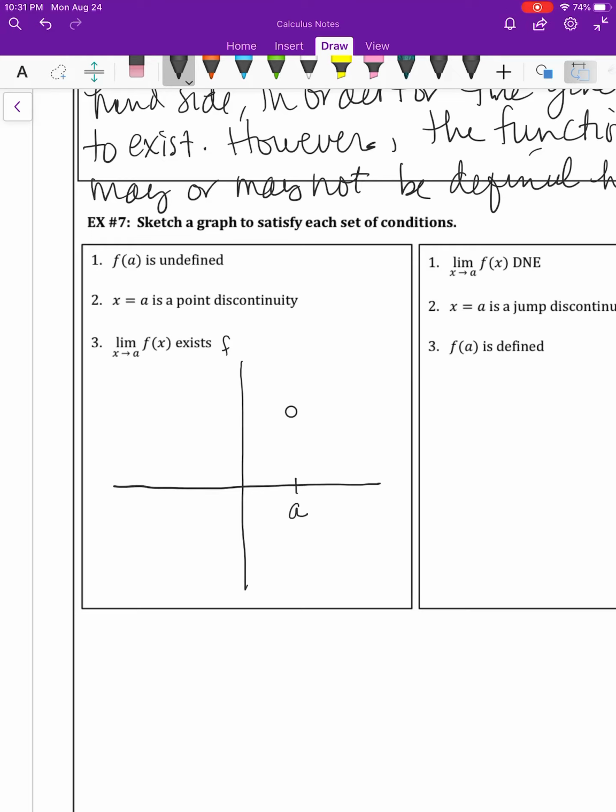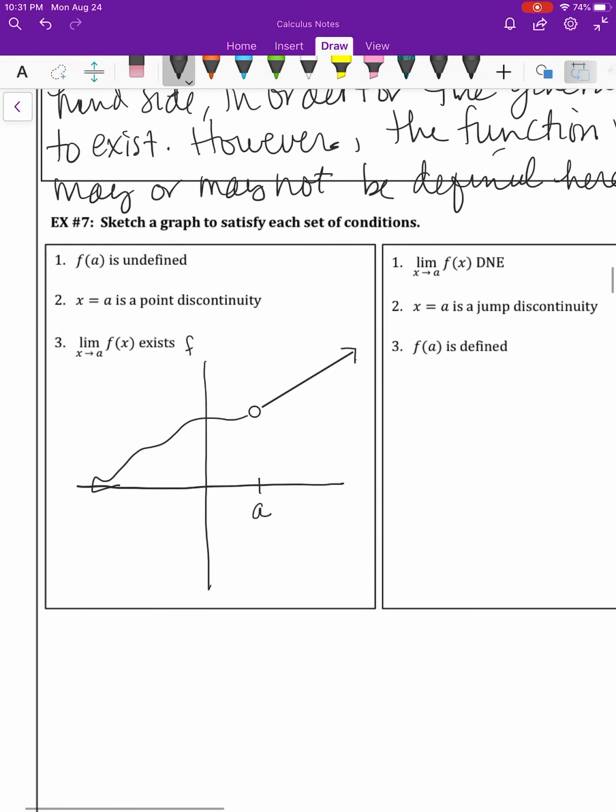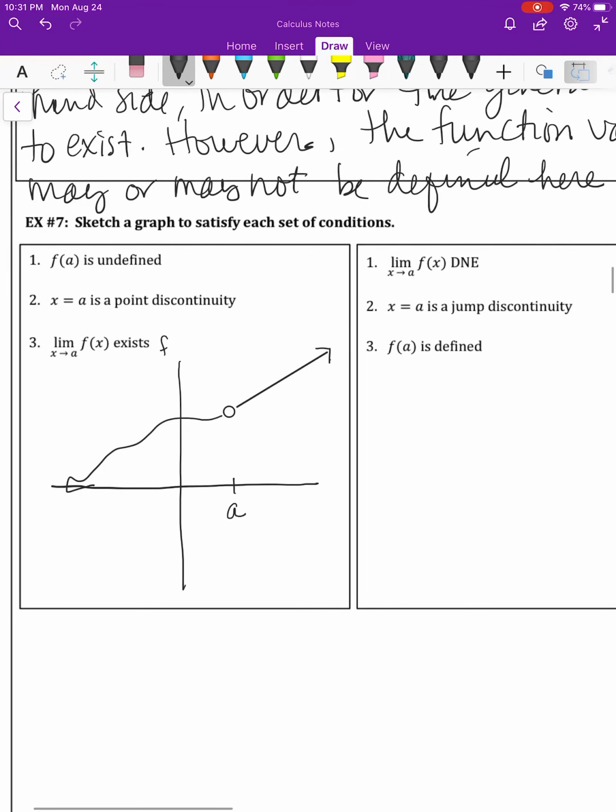x equals a is a point discontinuity, so that means that's an open circle. The limit exists, though, so this could have been going like that, and maybe like that. Or it could even be a straight line.